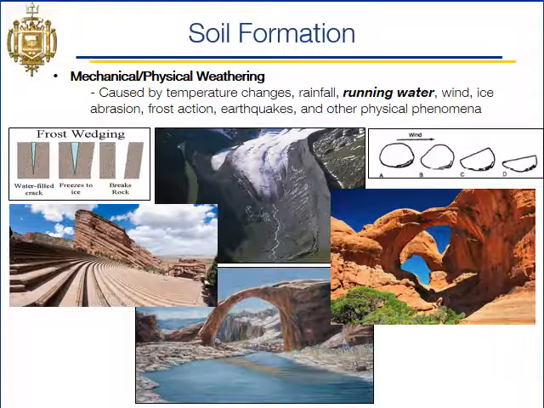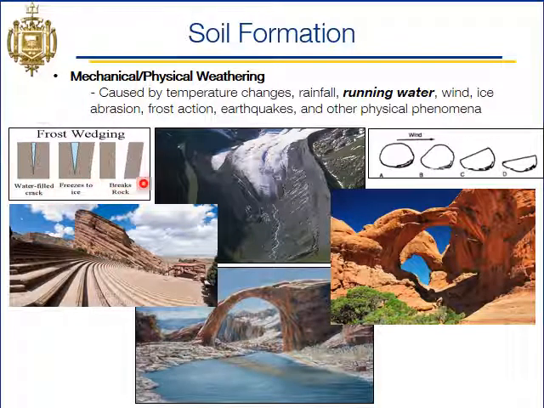So here we have some examples of physical weathering or mechanical weathering, caused by all of these things. Big thing to note that really breaks down rock is called frost wedging.